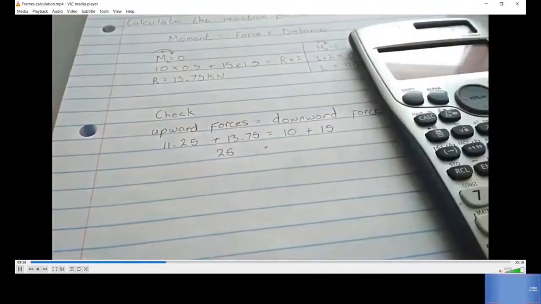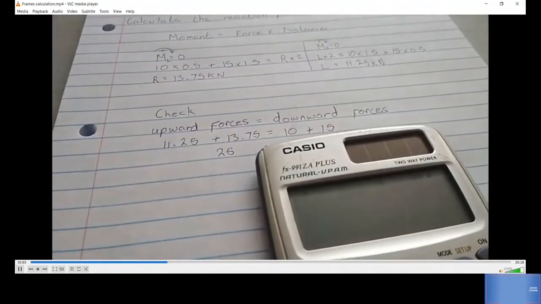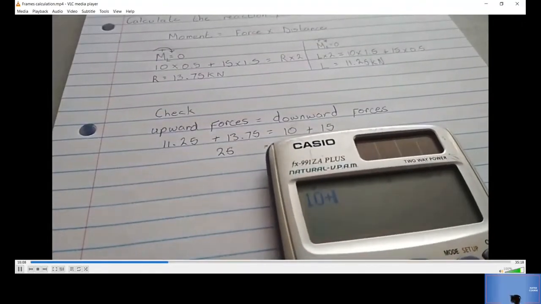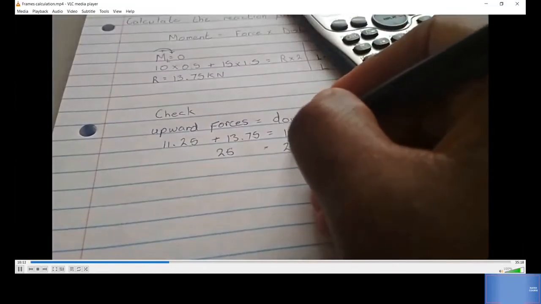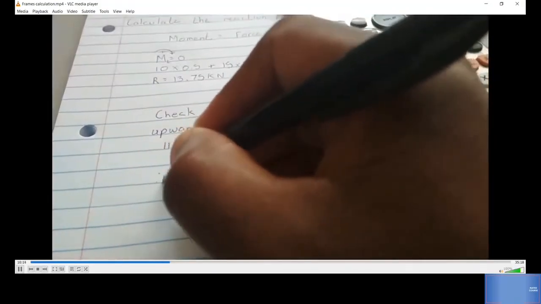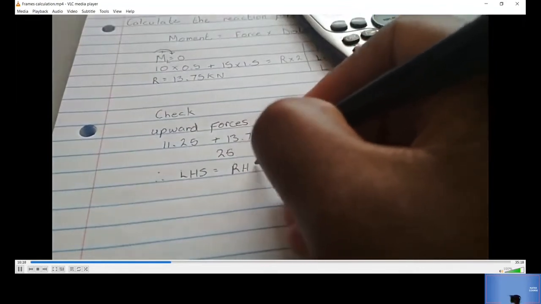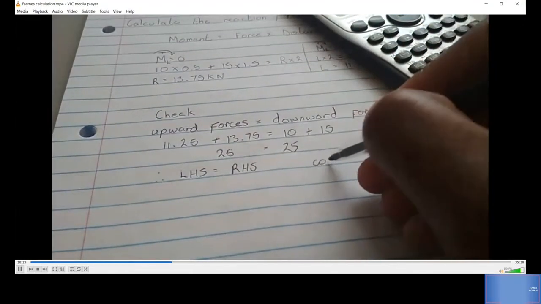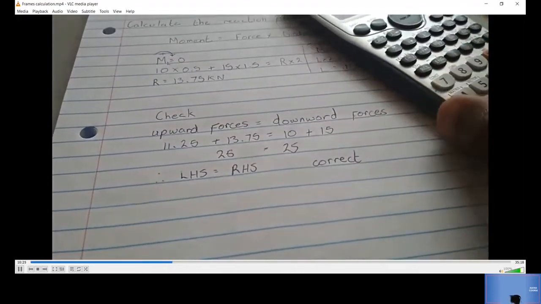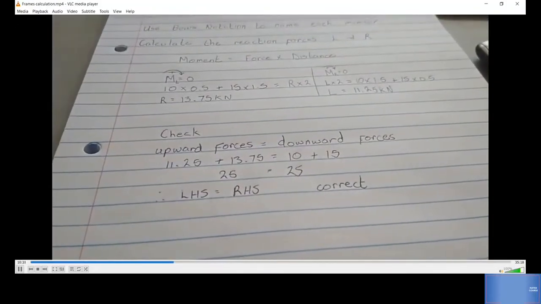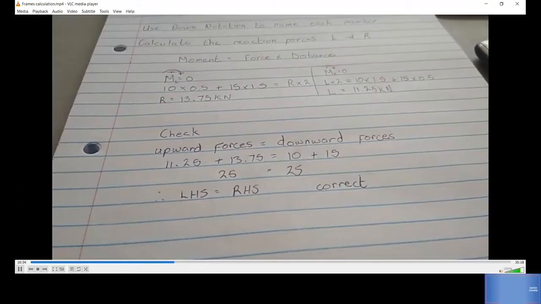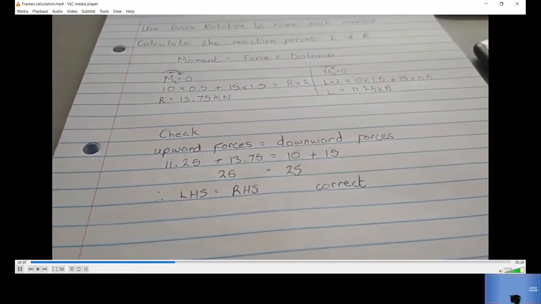Okay, on the other side, let's do the other side now. 10 plus 15 is 25. Therefore, our left-hand side is equal to our right-hand side, which means it is correct. Our reaction forces are actually correct. So that's how you check them. Okay, now we're done. Stay tuned for the next part of this question.